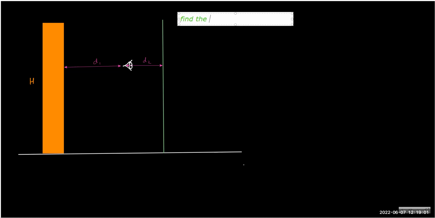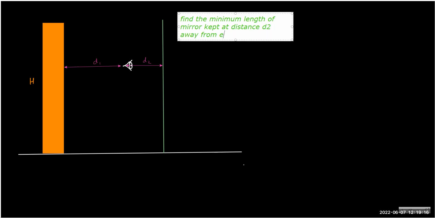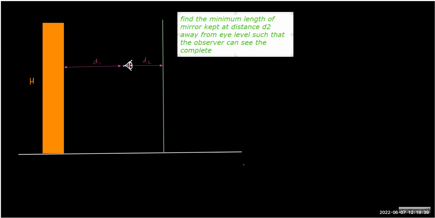So find the minimum length of mirror kept at a distance D2 away from eye level such that the observer can see the complete wall. So that's the question.